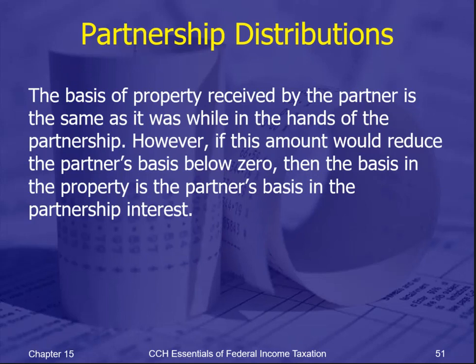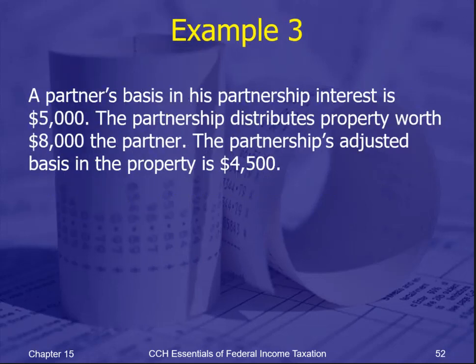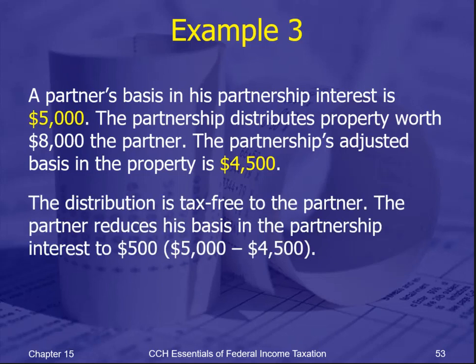If this amount would reduce the partner's basis below 0, then the basis of the property is the partner's basis in the partnership interest. So $5,000 is the partner's basis, and the distributed property is worth $8,000. The partnership's adjusted basis of the property is $4,500.